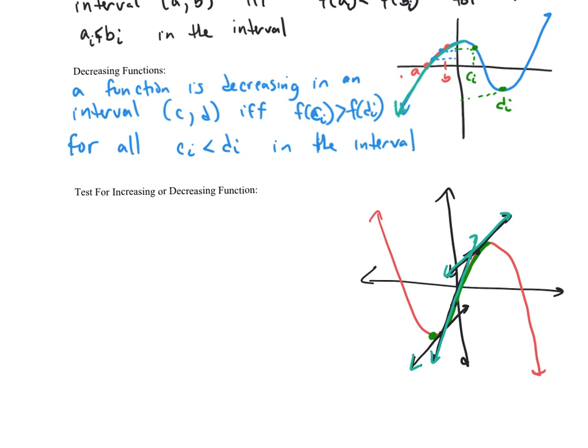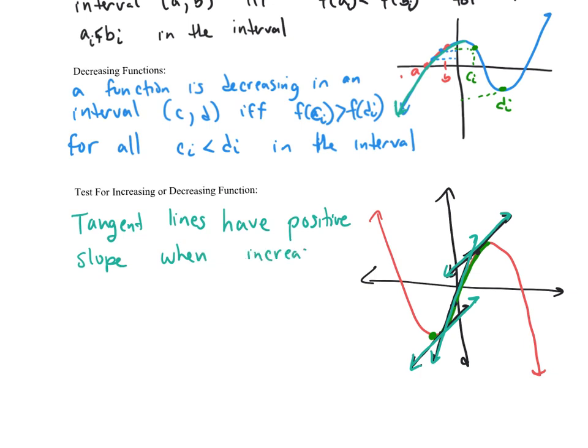So what we can denote from this is that tangent lines have a positive slope when increasing.